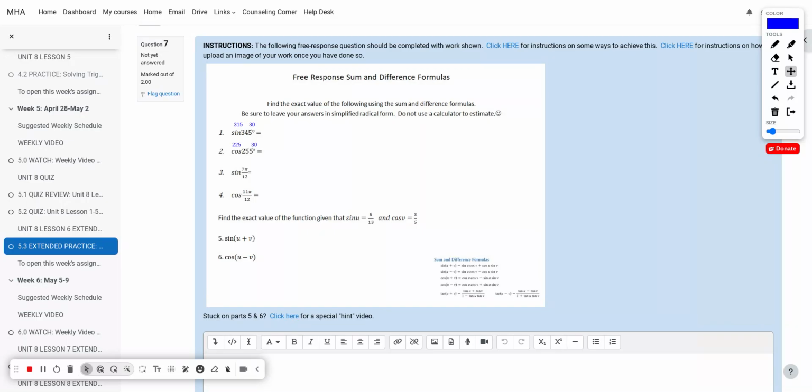Let's see here. This one might take me a minute. That one's a little tricky. 7 pi halves. I'll do that real quick.